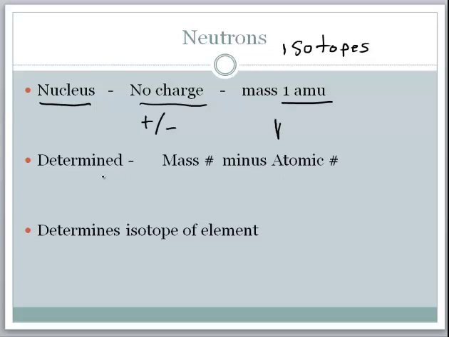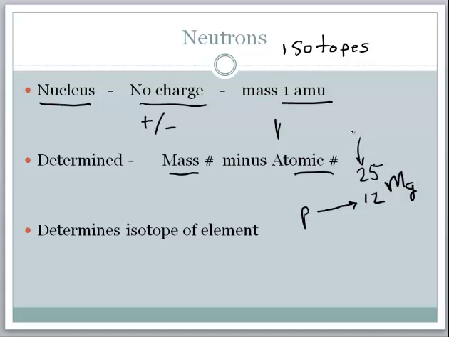To determine how many neutrons are present in an atom, you're going to take the mass number and subtract the atomic number. So for example, let's say we have magnesium with a mass number of 25 and an atomic number of 12. Remember, the atomic number tells us the number of protons.